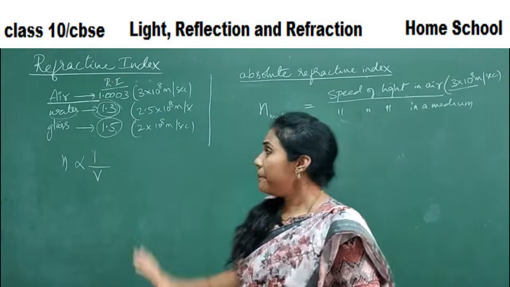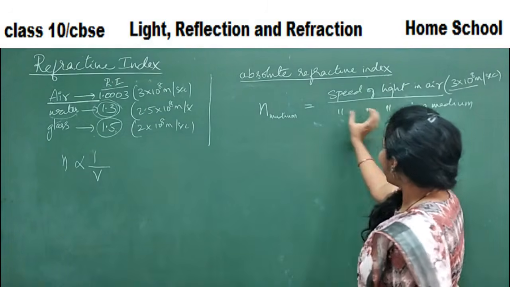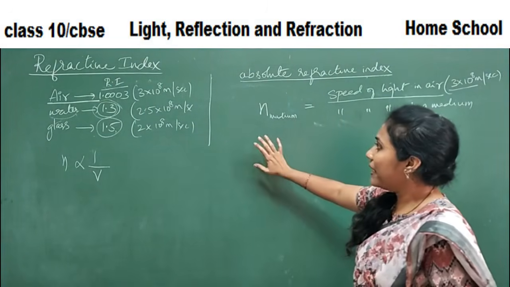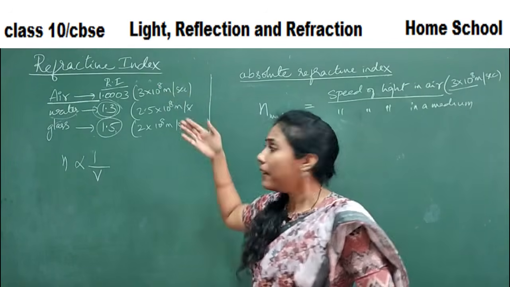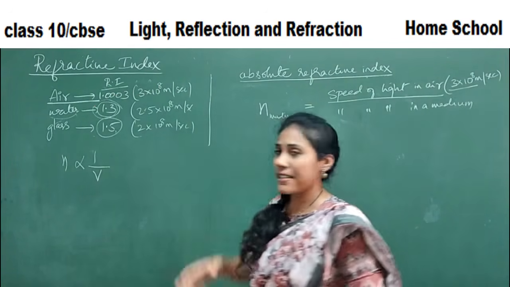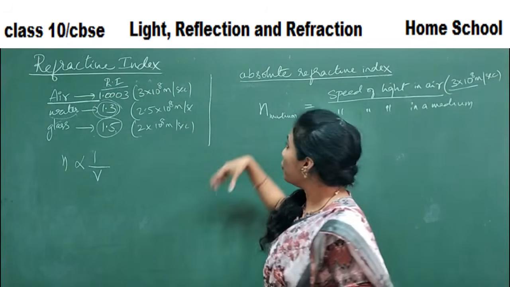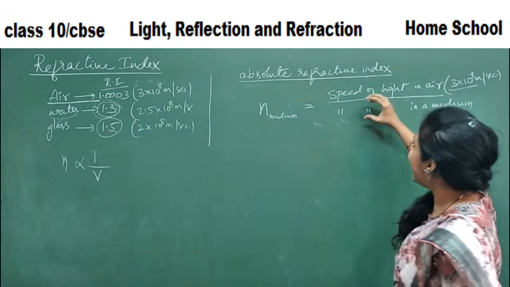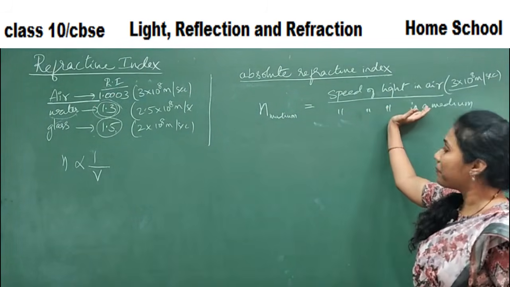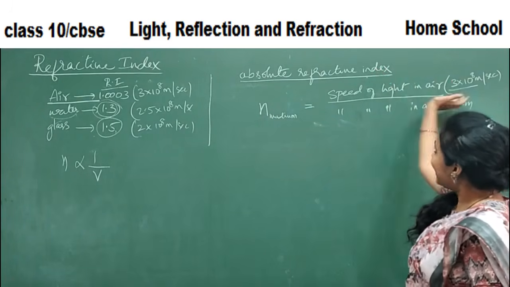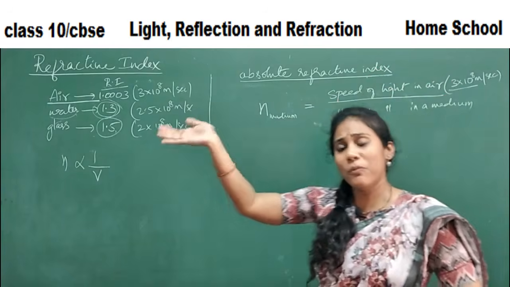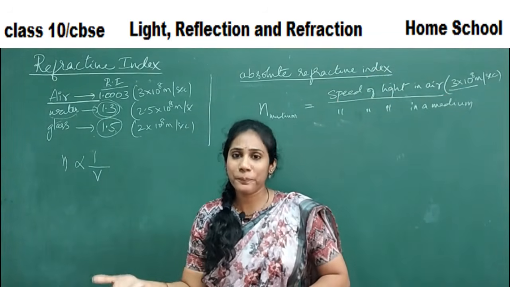So similarly, if you want to compare the speed of light in any medium, you will compare with the speed of light in air, because in air you have a maximum value, right? If you want to know how much the speed has decreased in the second medium, you will always compare this with the speed of light in a medium where it is maximum.